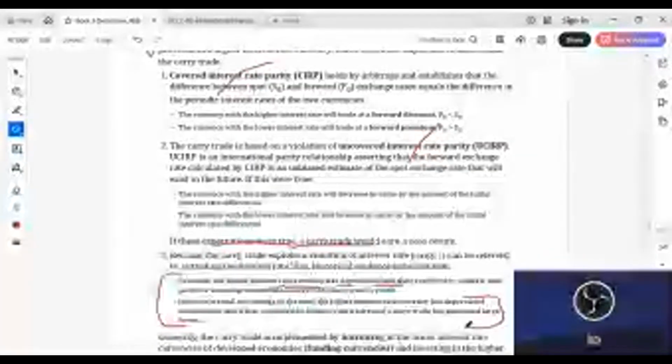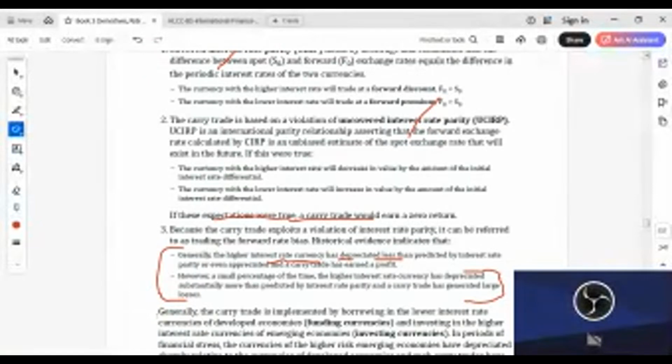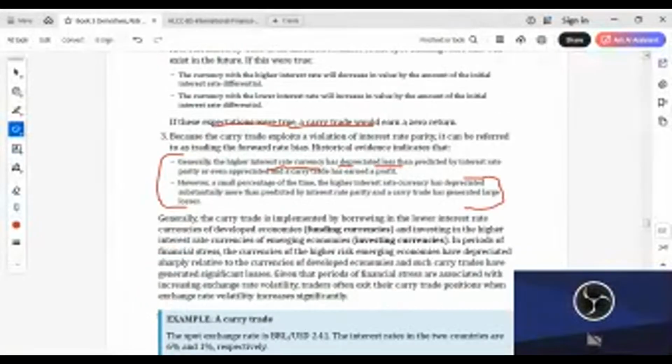Sometimes carry trade gets into trouble and it can generate large losses. Usually, when there is some kind of a crisis or some big event which is stressful, all the emerging market currencies fall by a lot and fall along with each other.